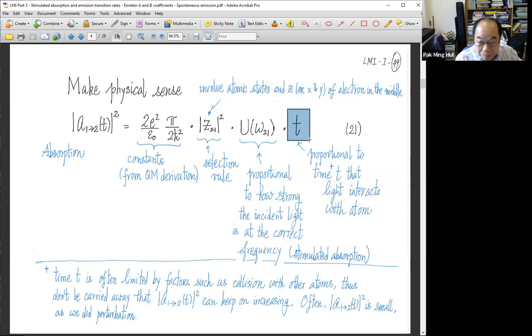But as the previous question posted by the student, I already explained, this time is not meant to be a very long time. You don't need to worry about this growing indefinitely. This time practically maybe a millisecond or second, that is already very long compared with, if you have yellow color, the time scale to compare with is 10 to the minus 14 seconds. Okay.